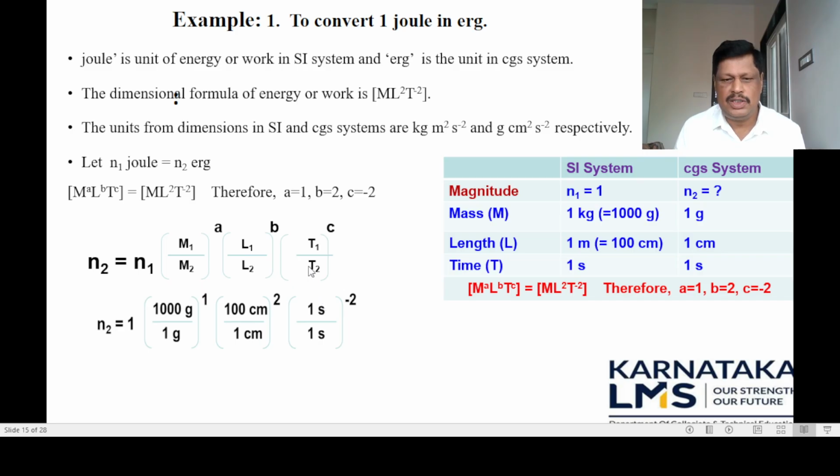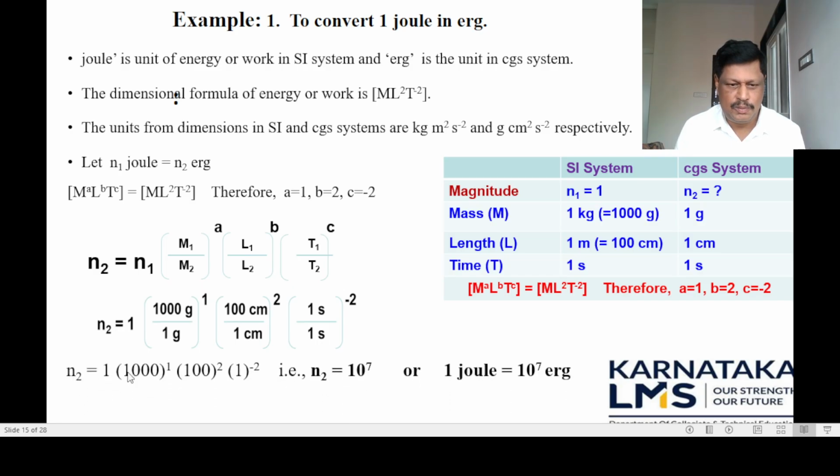Similarly the units of time in both systems are second, so 1 second, 1 second. Here power A is equal to 1, B is equal to 2 and C is equal to minus 2. So gram, gram, centimeter, centimeter, second, second get cancelled. So N2 is equal to 1 into 1000, 100 square into 1 to the power of minus 2.